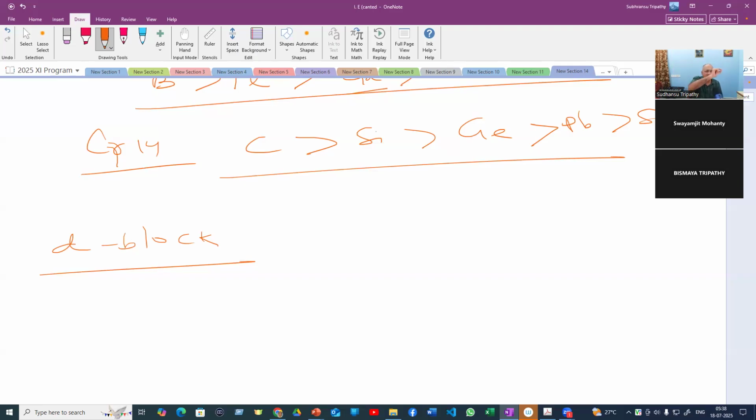For all the transition series elements, 3d from scandium to zinc, you remove the electron from 4s. Although you get the increase in electrons in the d, for finding IE1 you actually remove the electron from 4s.